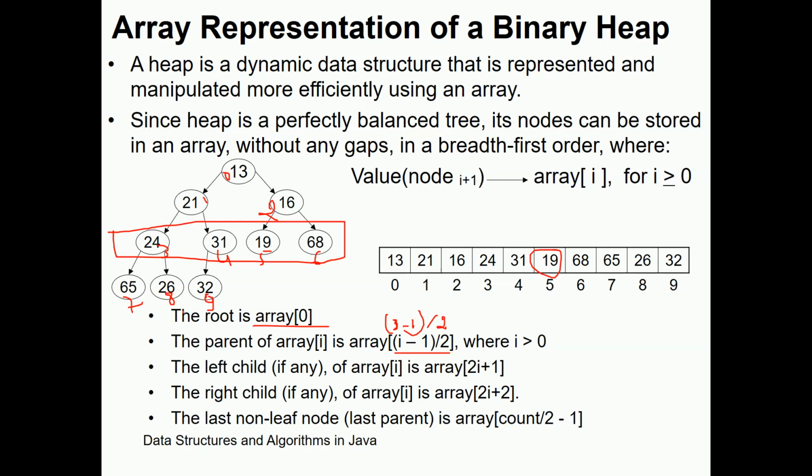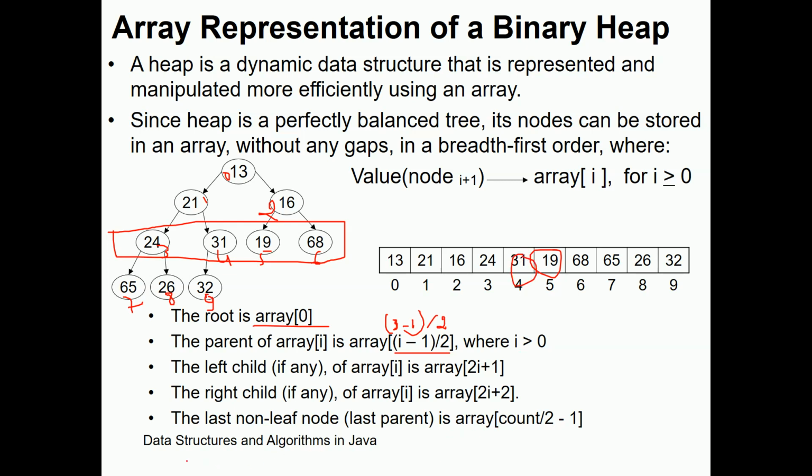How many elements do we have? 10 elements from 0 to 9. So that's 10. So 10 divided by 2, 5 minus 1. That's 4. And it shows us 31, which is not right.